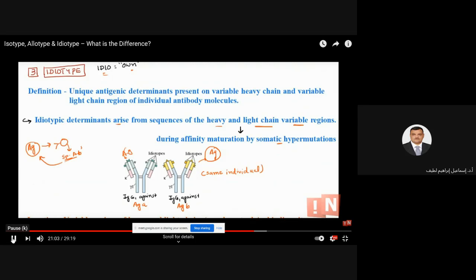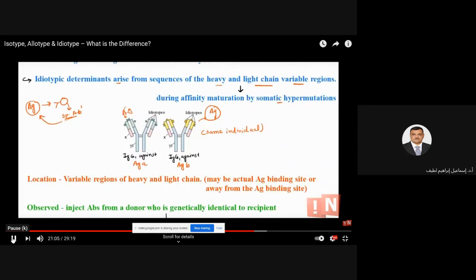All right. Now, let's say, for example, in my own body, I encounter antigen A and antigen B. They would have very specific idiotypes. Antigen A is different from antigen B, so I will have a set of antibodies very different for antigen A compared to antigen B. That is because we'll have a different idiotype for that particular set of antibodies.